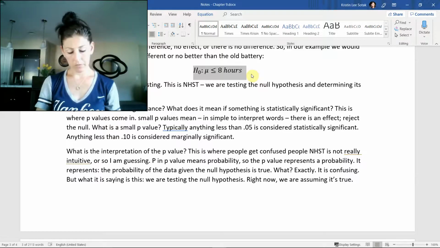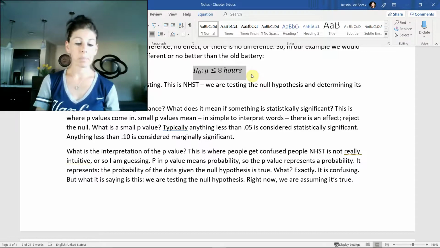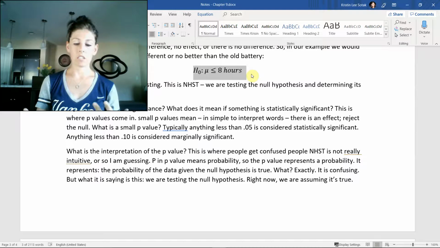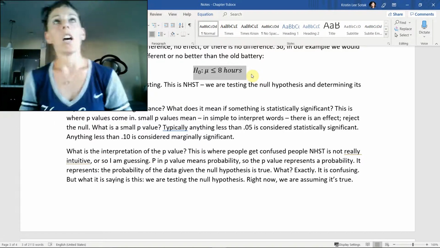So what does that mean if we say that we reject the null? Well, basically that would be providing support for our alternative hypothesis. In one of the first videos I was talking about transformational leadership. So let's say that we think it's an effective approach, in that leaders who use the skills and behaviors involved in transformational leadership have better performance, and their followers are better, however you want to define that.